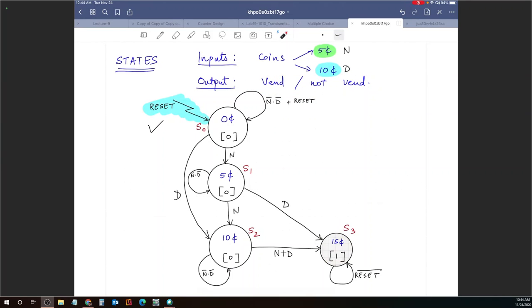So you would have to think about what kind of states you would want to deal with, because you have to stay in that not vend state for a long time, right? So you would have to deal with how you're going to design the machine to do that. But yeah, that's possible. You can go lower in terms of number of states.